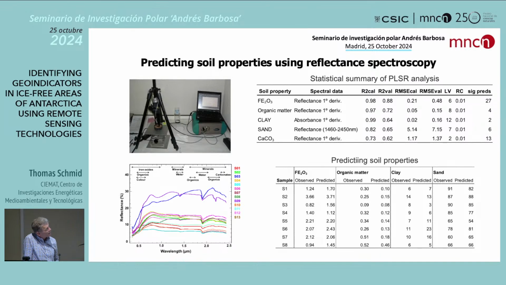Now, the interesting thing is we carry out a simple regression analysis, partial least square regression analysis. And for iron oxides, organic matter, clay, sand, we can obtain values of up to 88%, which agrees with our lab analysis.